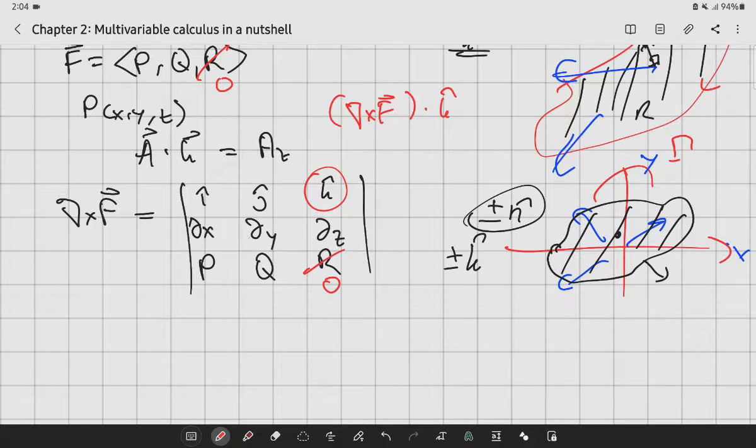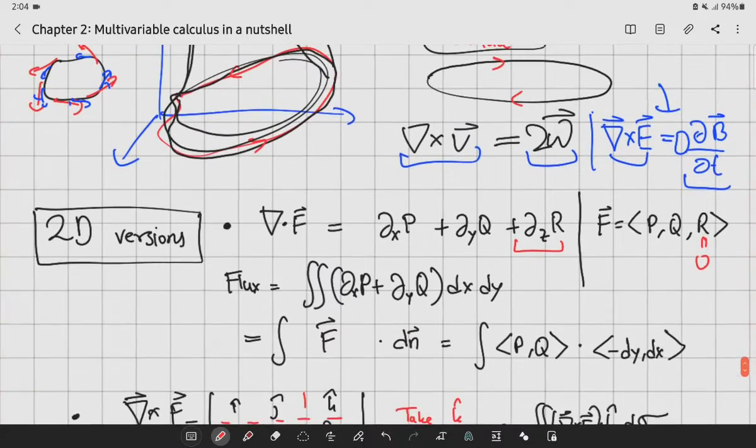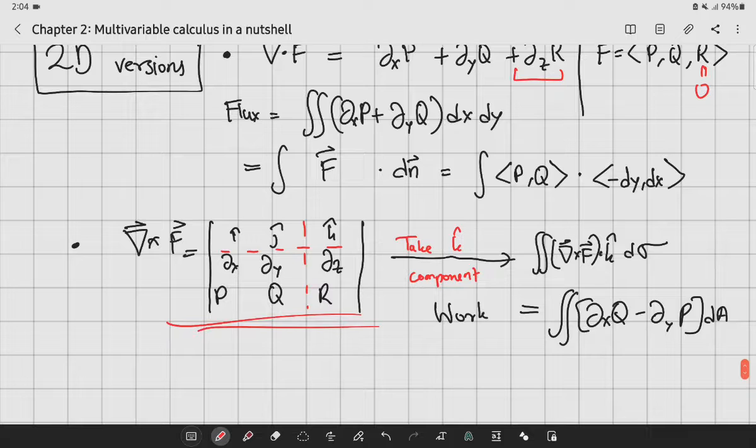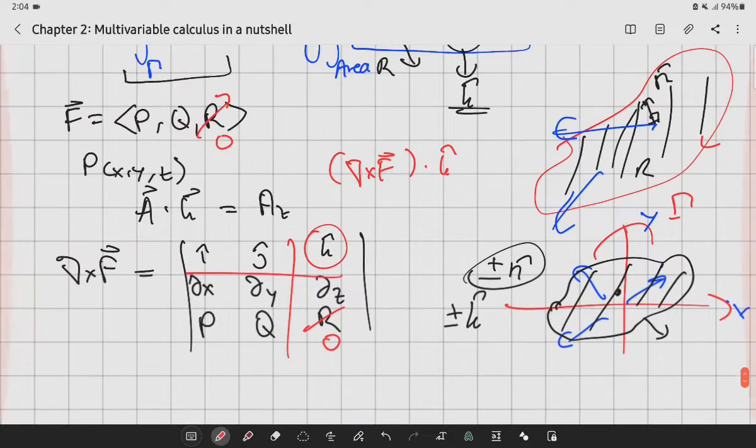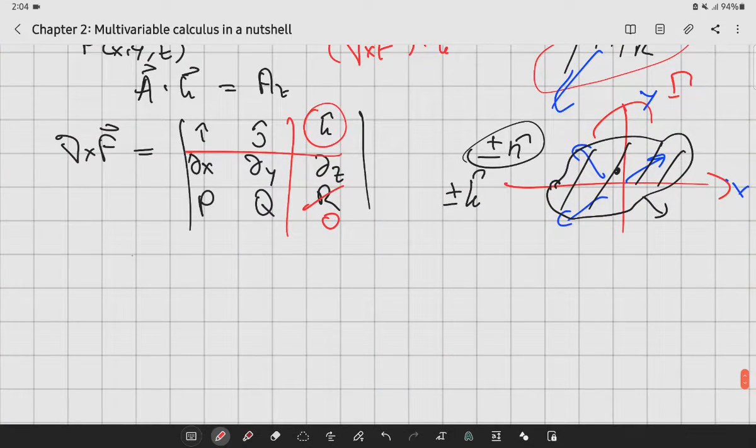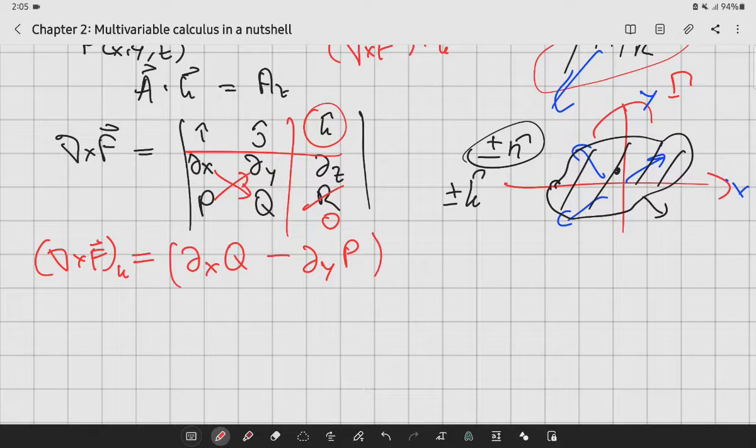I'll just need this component here, which is what I was doing right here. I'm just writing this again. Okay, so what will I get? The kth component is this one. You can compute the determinant like this: partial x of Q minus partial y of P. This is what you'll get by doing curl F dotted with k.